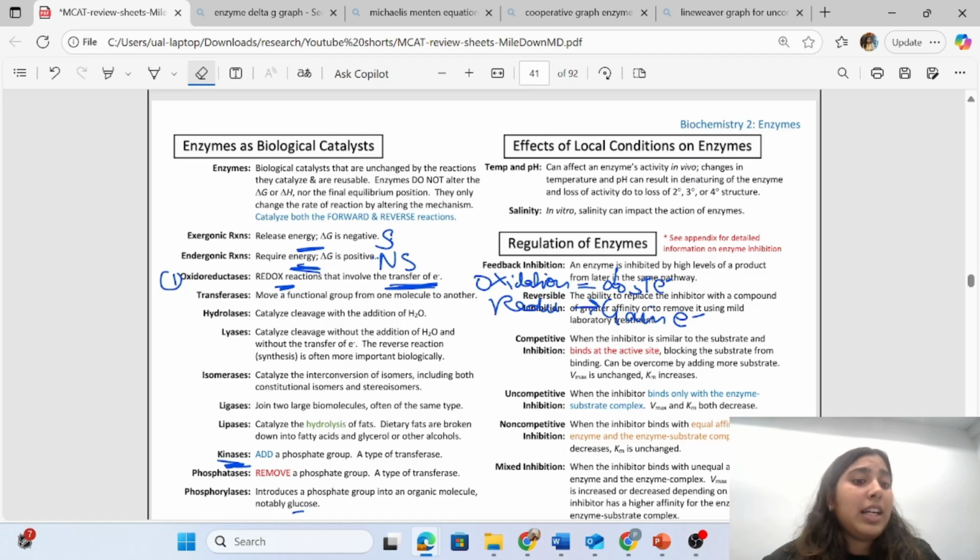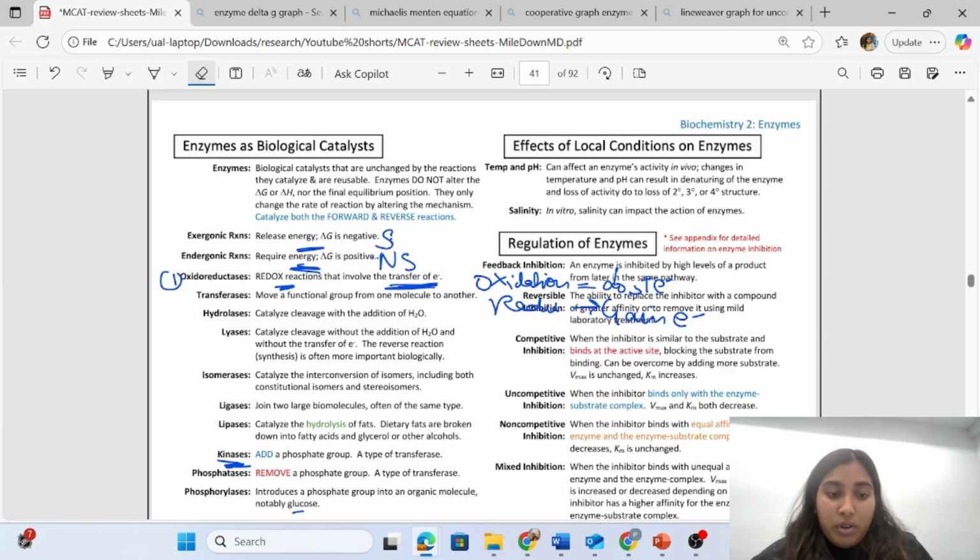Hydrolases means hydro, using water, you are cleaving something. Lyases is just cleaving something without using any water or electrons. Basically lyases can be used in reverse reactions to synthesize something.